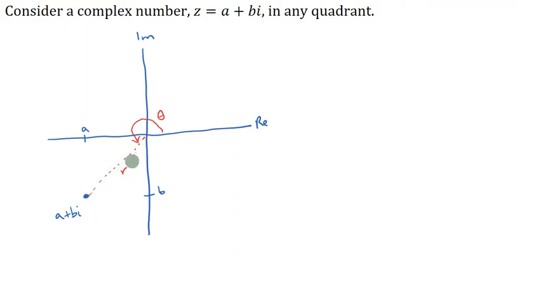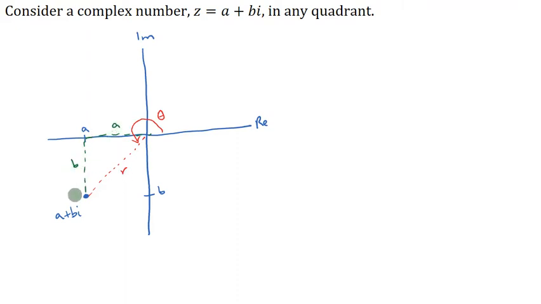That distance is our modulus r. So what is the relationship there? By the way, this horizontal distance is our a distance, and this vertical distance is our b distance.